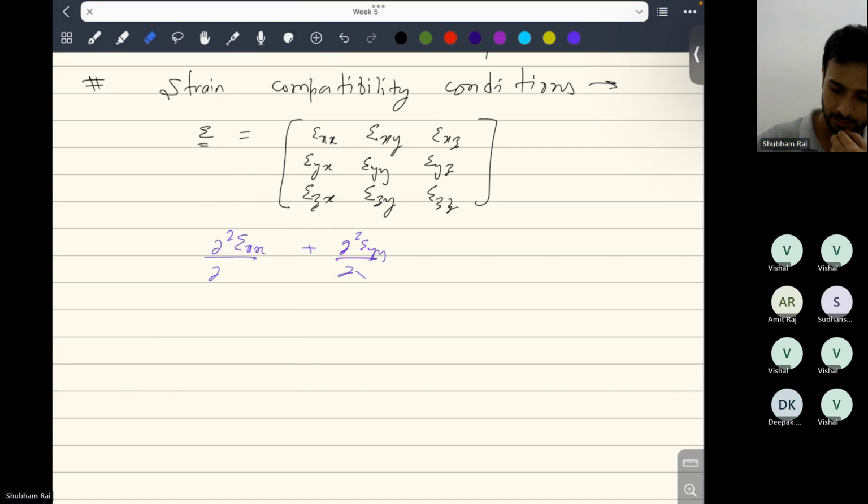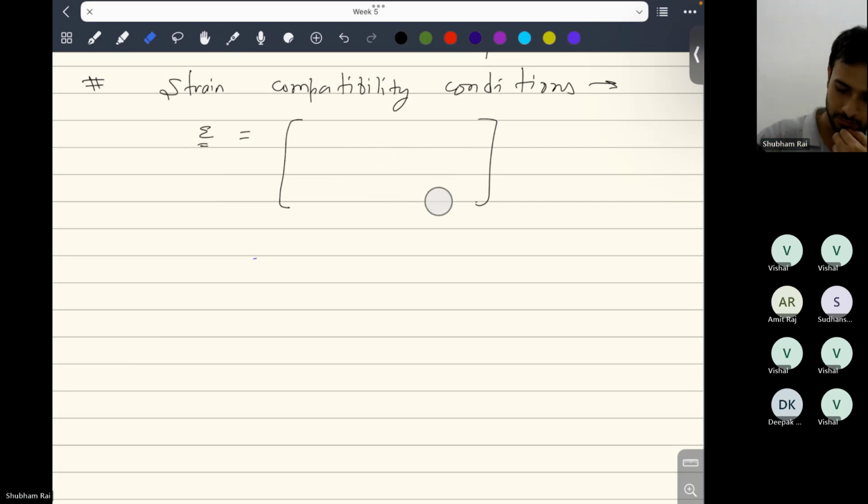Let me correct myself, because capital letters represent the reference configuration or undeformed configuration here. This is epsilon xx, epsilon xy, epsilon xz, yx, yy, yz, zx, zy.